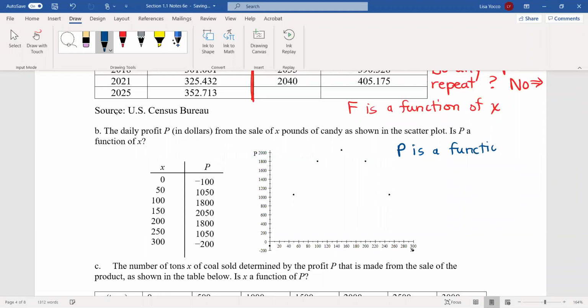Which of those is the input? P is going to be the output. X is going to be the input. Now, it's not because it's an X. It's because if P is a function of X, that means P depends on X. So P is dependent on X. X is the input. All right, here are the inputs. Do any of those repeat?